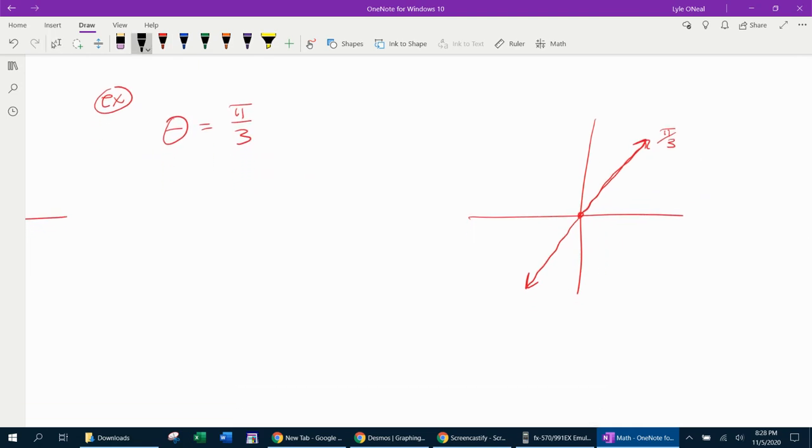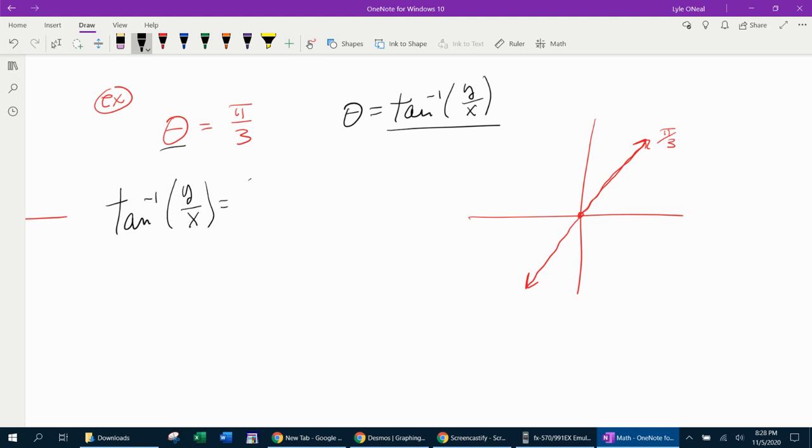So here's the formula you're going to need to remember. Theta is the inverse tangent of y over x. And so here I can replace theta with the inverse tangent of y over x equals pi over 3.